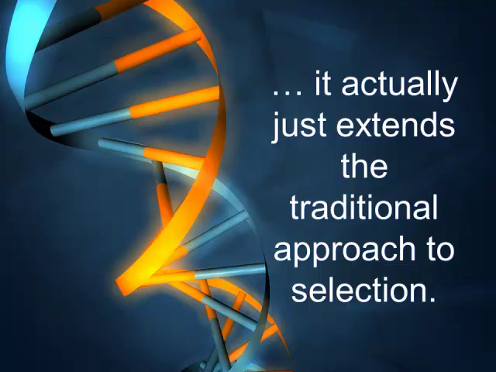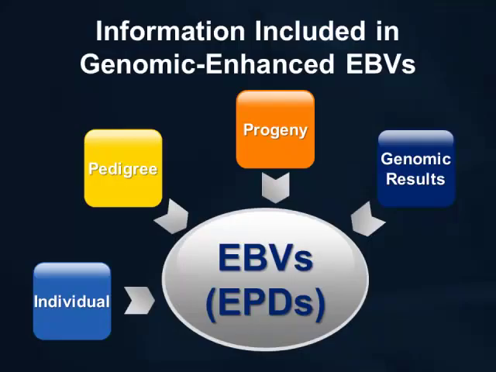So we're still going to use those EPDs. It simply allows us to have more accuracy, especially with young individuals. Are we at the point in sheep that we can do this? We're not quite as far along as beef, obviously, or dairy, which kind of leads the pack, I think, in all of this.